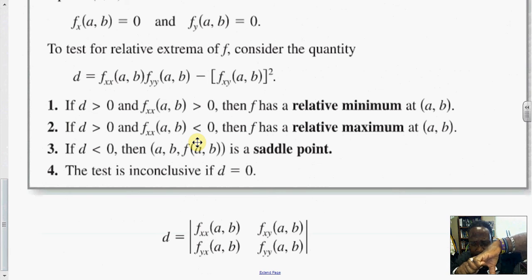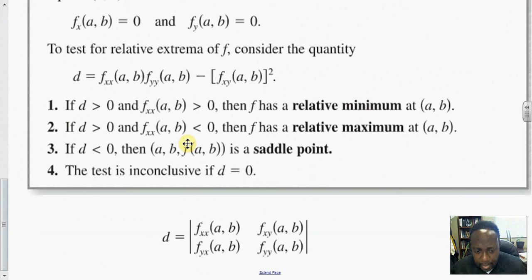Recall the second derivative from calculus 1: if the second derivative is negative, then the concavity is going down, so you have a maximum. If the second partial derivative is positive, the concavity is up, so you have a minimum.